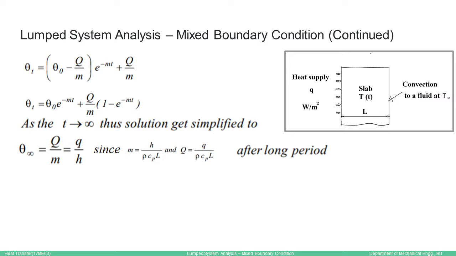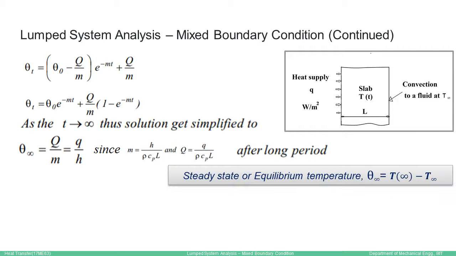Theta infinity is equal to Q by m, which is also equal to q by h because m is equal to h by rho Cp L and Q is equal to q by rho Cp L, as considered in the derivation. And this equation, theta infinity equal to q by h, is valid for equilibrium conditions.